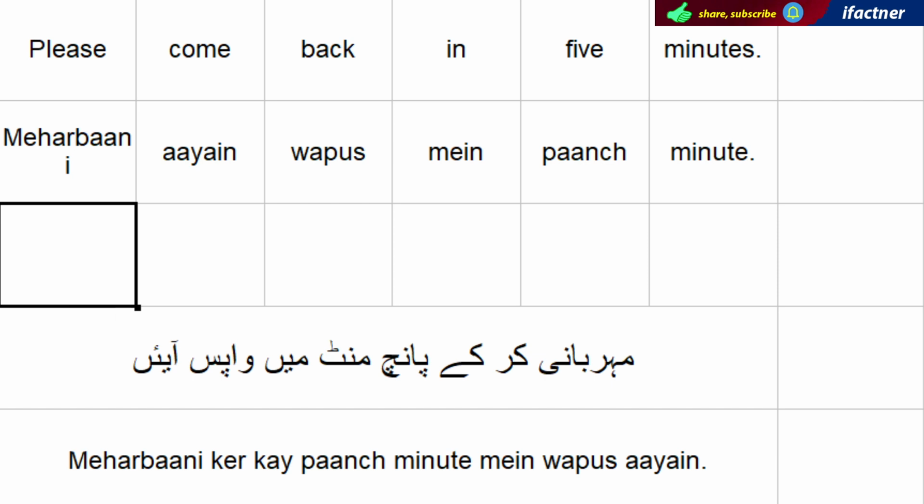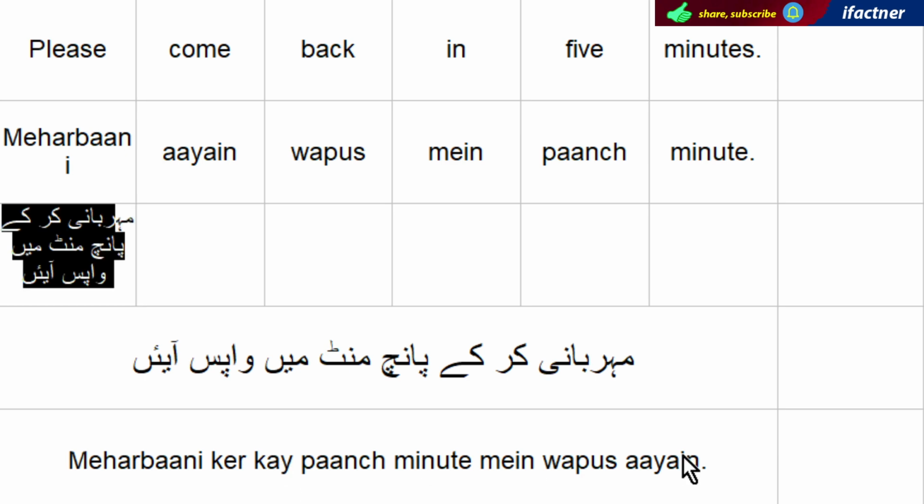Now let's see how do we type these words in Urdu. मेहरबानी can be typed as meem, he, re. बानी be, alif, be, noon, chhoti ye, मेहरबानी.